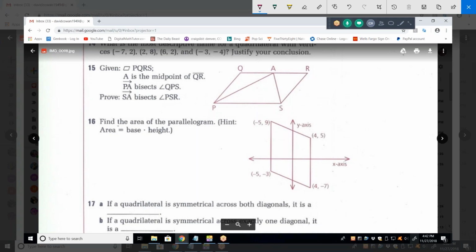Oh, and this is at a no, it's not. I got 88 units. So you're getting a base of 12. And what are you getting for the height? I got 8. This distance right here?